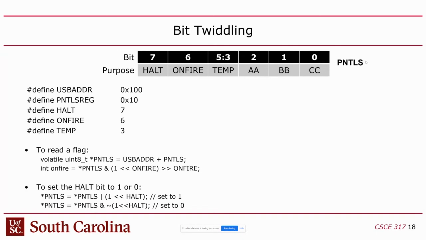If this is confusing, let me know. Although it's basically just a way to define a constant that's handled by the preprocessor. So I've got a define called USB address, which is 100 in hex. This was the base address of the USB.